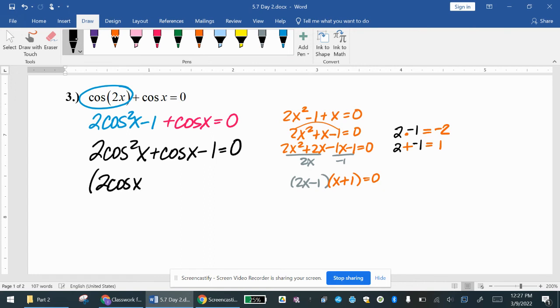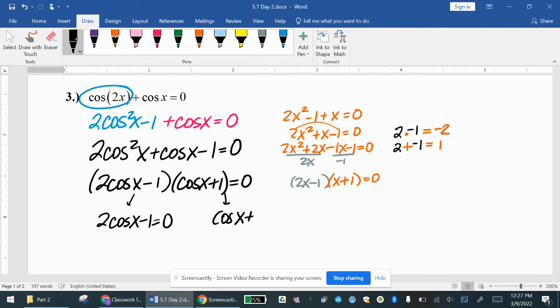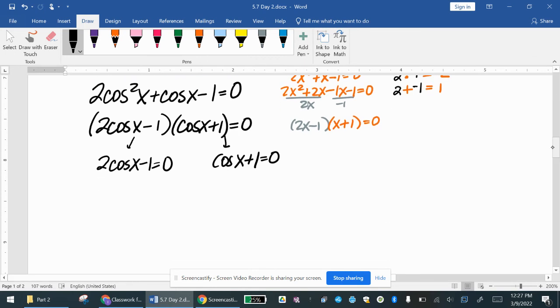So replace all the x's with cosine. Set each factor equal to 0. And solve for the trig function, right? We're trying to solve for cosine. So add the 1, divide by 2.